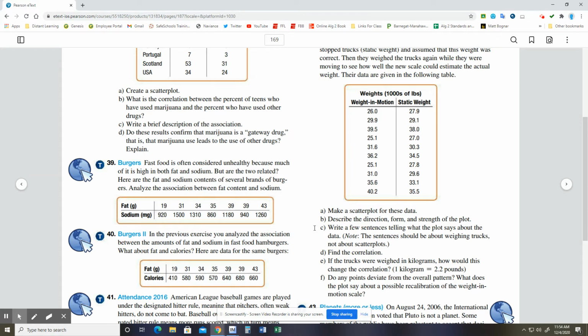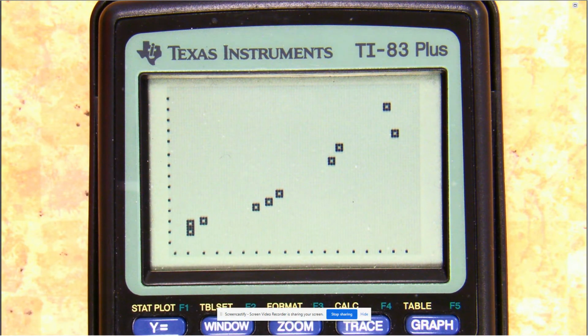Let me just read for you exactly what the book says, just to kind of bypass any of this stuff. This is exactly what the back of the book says. The new scale is able to predict the static weight fairly well, except possibly at the high end. The reason why they're saying that is just because it seems a little bit more scattered apart up top, but that extra little note is not necessary.